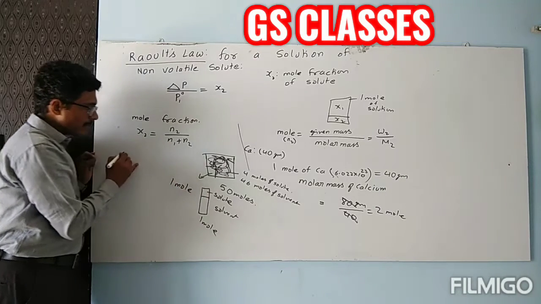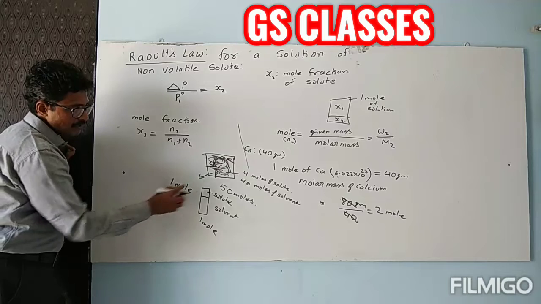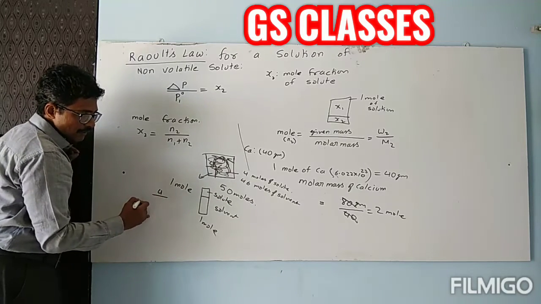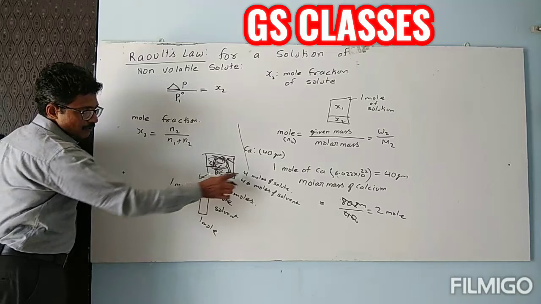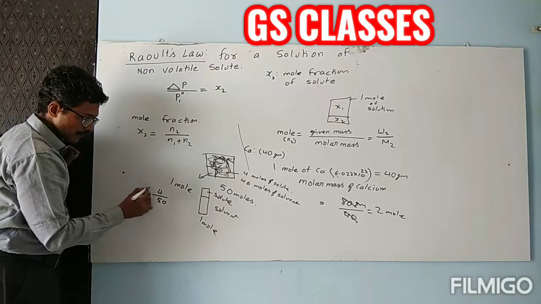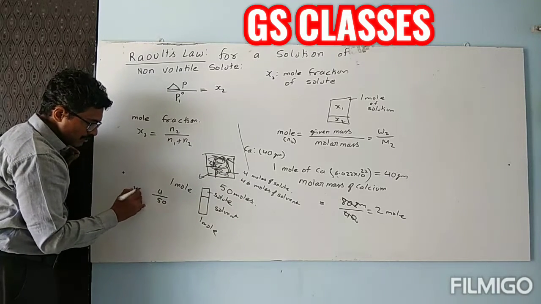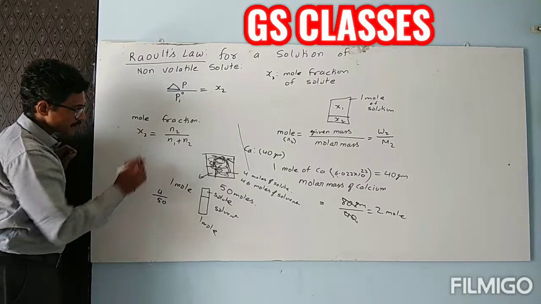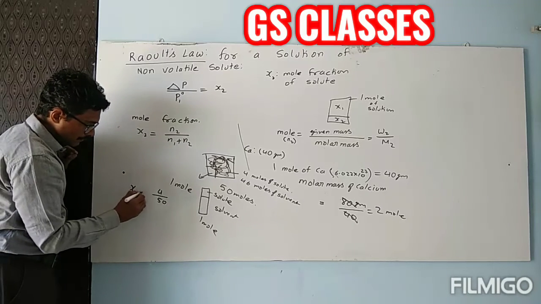While calculating, I will just write 4 moles of solute divided by 4 plus 46, means total 50. Mole fraction I am calculating, so I will write X2 value.